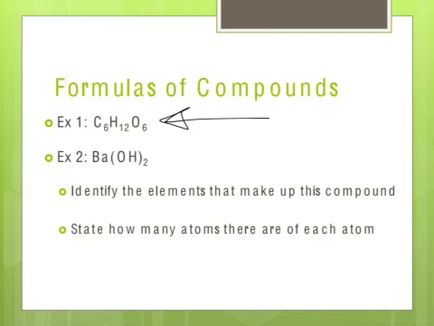Another way of saying it is 6 atoms of carbon, 12 atoms of hydrogen, and 6 atoms of oxygen, all bonded together. Now this example is a little different. There's a parentheses. So think about math and distributing. That's exactly what you're going to do here. The parentheses is only pertaining to the OH, and the 2 only is going to be applied to what is in the parentheses.